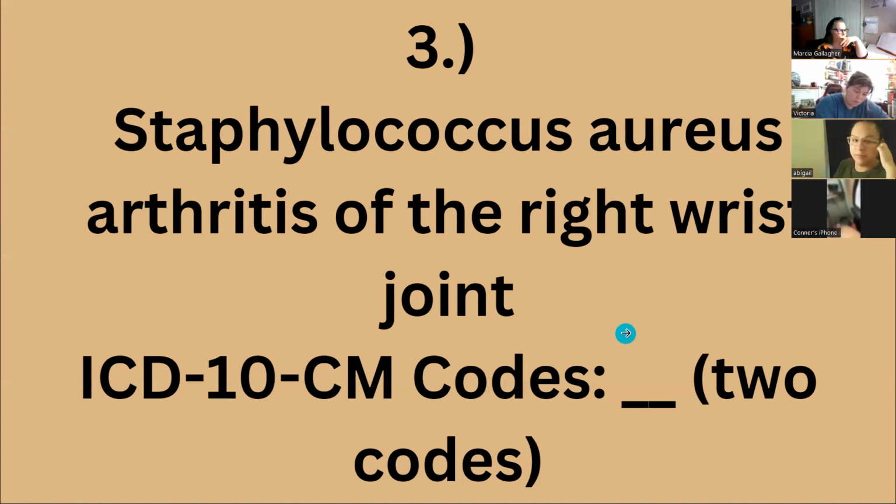So we're going to need both codes. We're going to need a Staphylococcus code and we're going to need an arthritis code. Staphylococcus aureus arthritis. I'm going to go to arthritis because that is our main term. This is describing the type of arthritis.